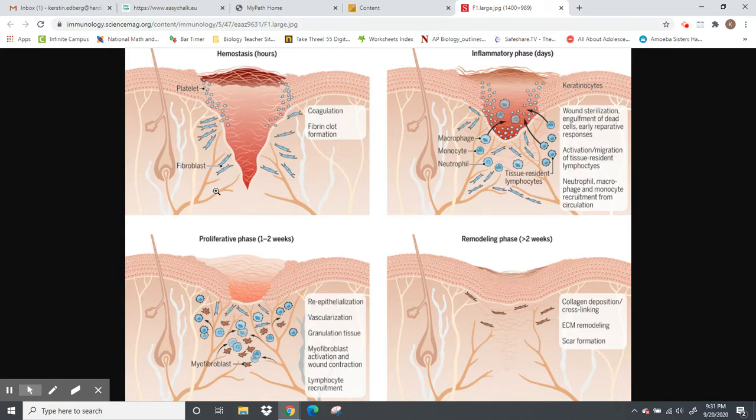Histamine is a signal in the body that causes your blood vessels to dilate. That dilation at first could cause you to bleed a little more, but actually what it's doing is bringing parts of your immune system, the white blood cells, the macrophages and things, to the part of your body that's been injured.